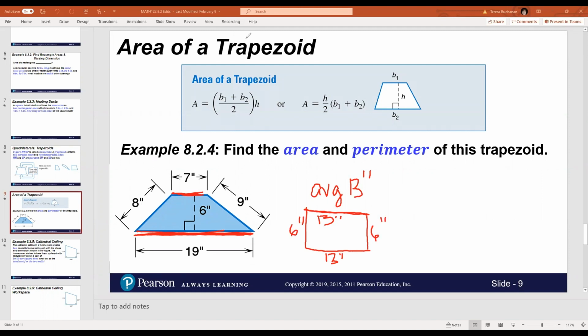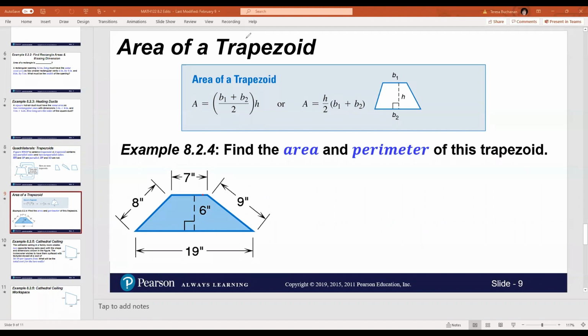That's really what this is doing. So if that makes any sense to you, you can store that away and deepen your understanding. But if you want to just say, no, I just need the formula, leave me alone, I just want the formula, that's okay for now. So find the area and perimeter of this thing. The area is the 2 bases, 26, divided by 2, that's (B1 plus B2) divided by 2, times the height, which is 6.